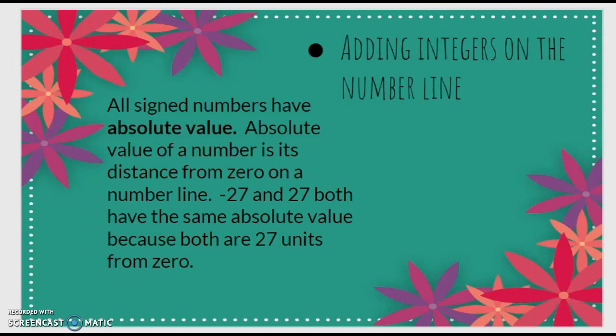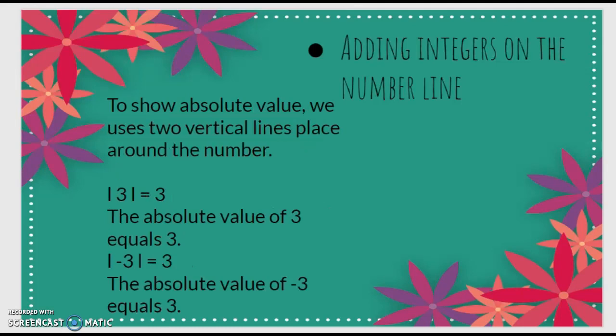No matter if it's negative or positive, that part doesn't matter with absolute value. It matters how far it is from 0. To show absolute value, we put little vertical lines around the number. So the absolute value of 3 equals 3. Here we have a negative 3 inside of the absolute value sign, and the absolute value of negative 3 also equals 3.